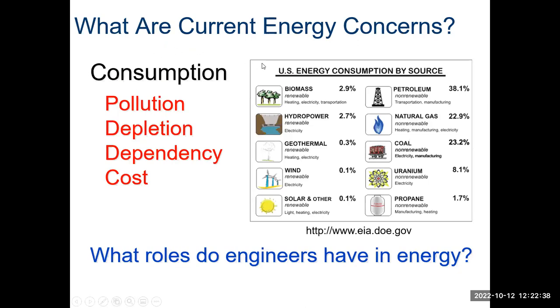This slide basically talks about the concerns of current energy, such as the consumption of energy, the pollution, the depletion of energy, the dependency, and the cost. Right now we're going through a transformation of reducing the amount of oil that we are using, and you see a lot more Teslas and hybrids traveling around the highways.